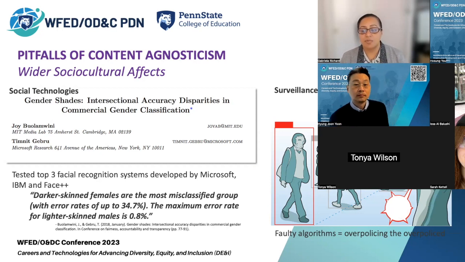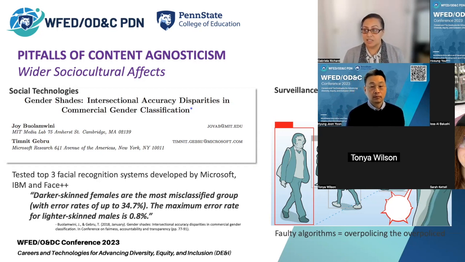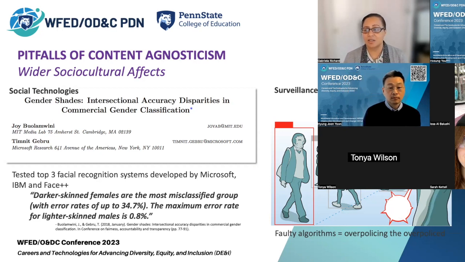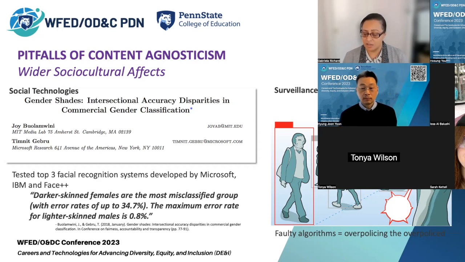There have been a lot of problems with different surveillance technologies and over policing, and a lot of that also goes into the faulty design of the system to begin with. So these are all things that come from, again, that content agnostic approach and the lack of interrogation of some of the biases in our designs.